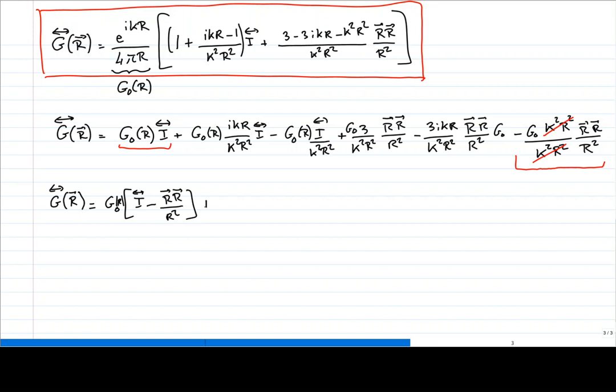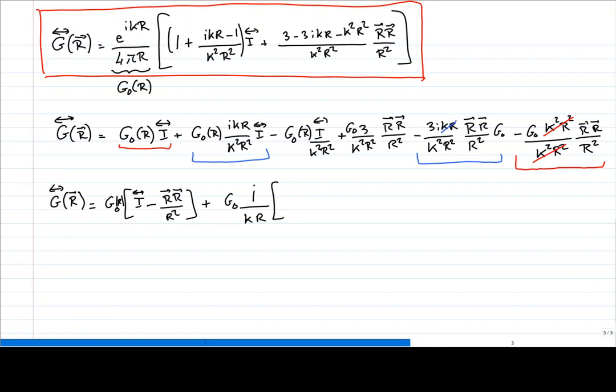For the second term, we're going to take the dependence. We're going to have this G0, and then we're going to factor out the dependence on i over kr. So how do we do that? Basically this dependence over 1 over ikr comes from this term and from this term as well. These are the terms with the dependence over 1 over kr.